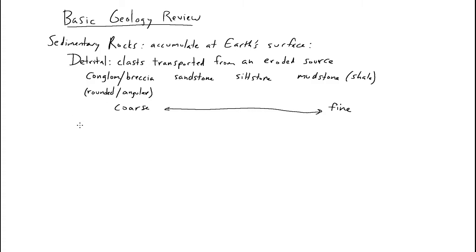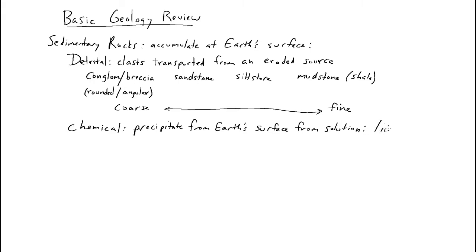The other type of sedimentary rock is a chemical sedimentary rock. So these precipitate from Earth's surface from solution. So there's particles that are dissolved in water, and they come out of the solution.